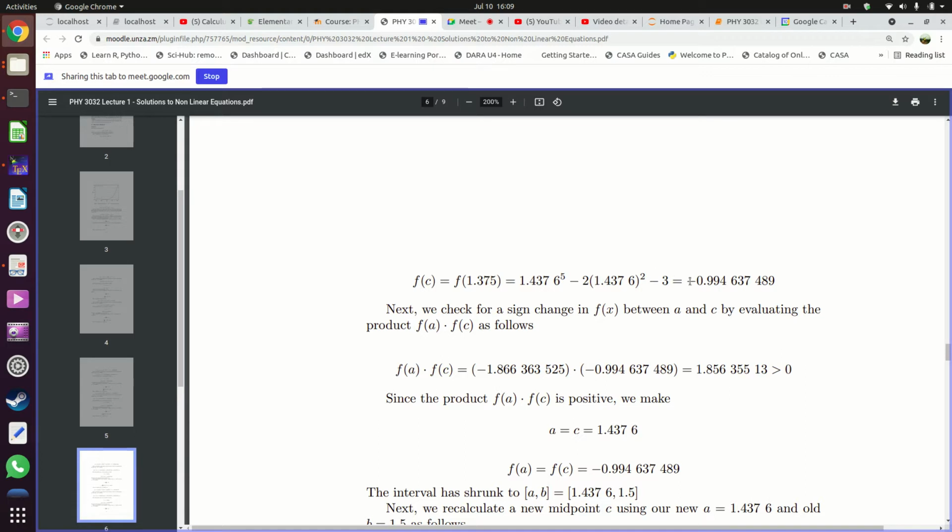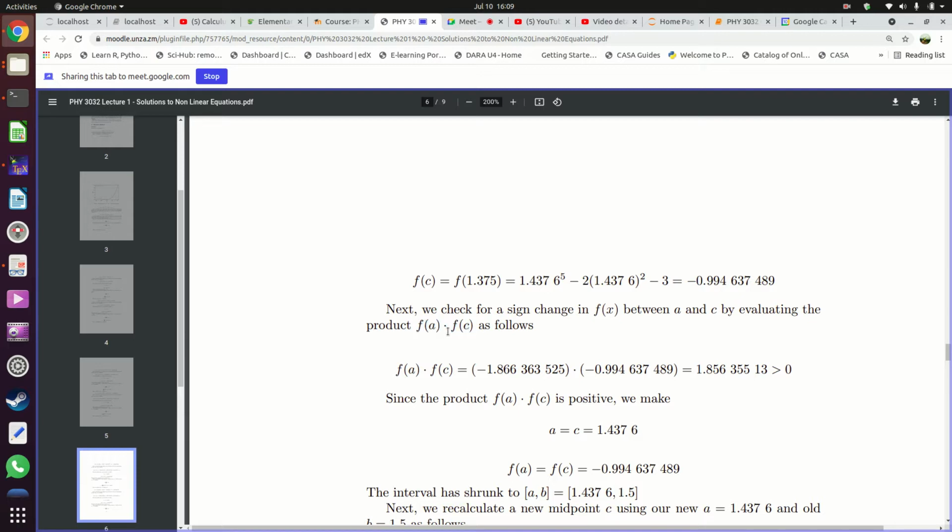This whole thing gives you a negative, minus 0.994637489.